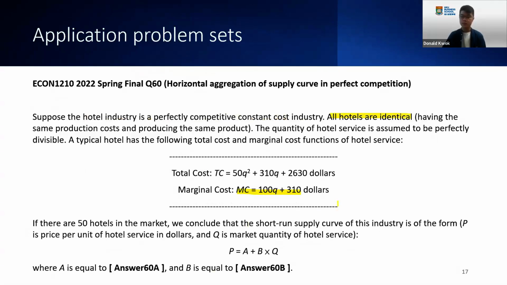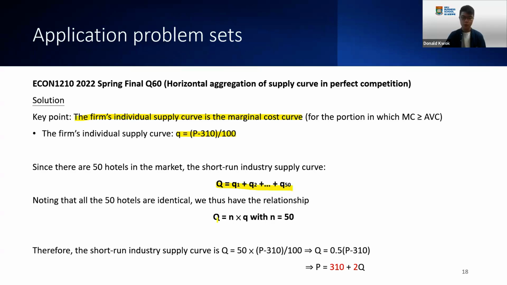Note that these 50 firms are actually identical, so we can use the relationship where the market quantity equals the number of firms multiplied by the quantity produced by each individual firm to derive the market supply curve. Okay. So for N, the number of firms, we have 50.